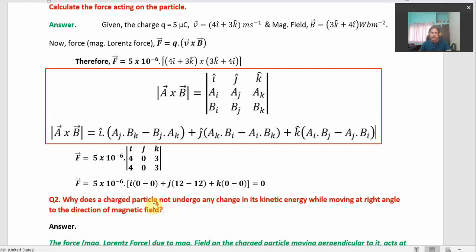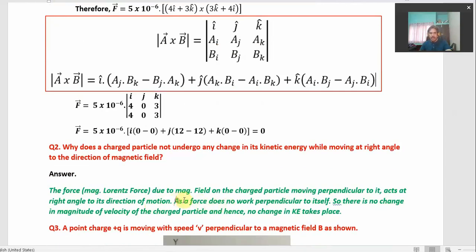And because a force does no work in a direction perpendicular to itself, the work done by a force in a direction perpendicular to itself is 0. You already know it by the definition of work, right?